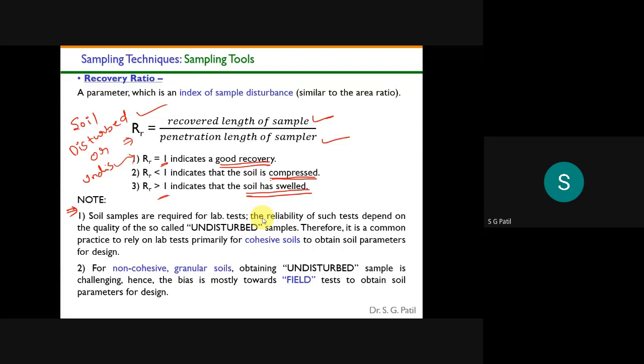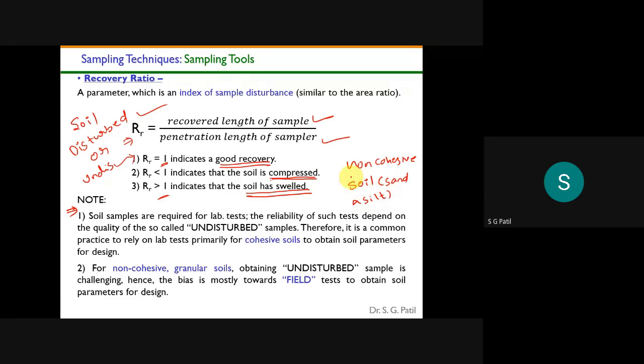Okay, so it will always be very difficult to collect undisturbed soil samples for sands, like non-cohesive soil, like sand and silt.